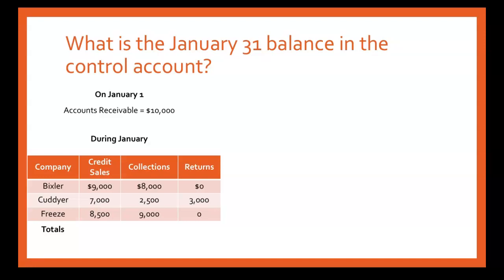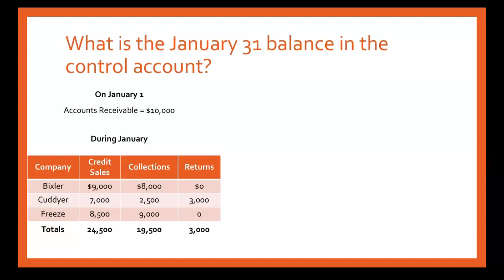But when we're talking about the control account, we're going to want to know the total amounts for each of these categories, not just the subsidiary ledger amounts. So let's add up our credit sales. So if you add up your credit sales, you get 24,500. If you add up your collections, you'll get 19,500. And if you add up your returns, that's just 3,000.